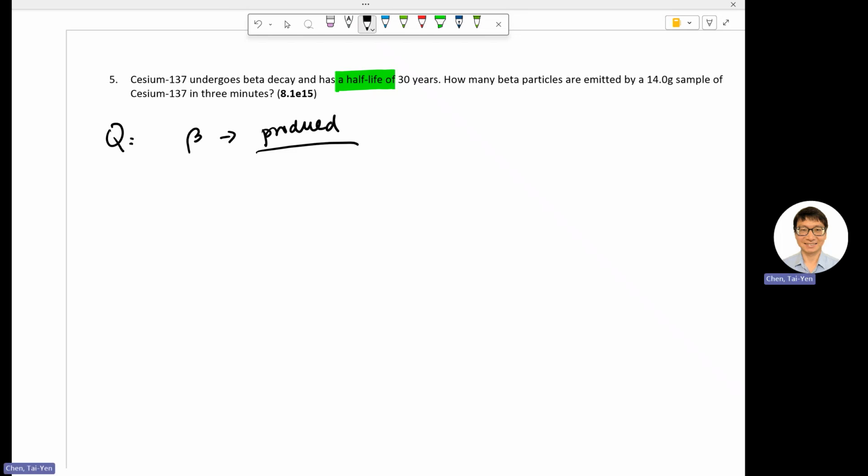From the half-life, you also need the equation we're eventually going to use, which will be this.